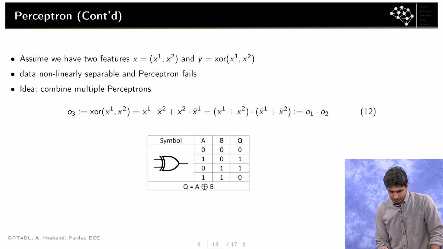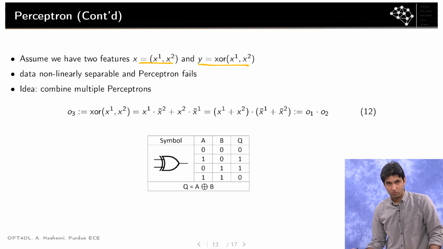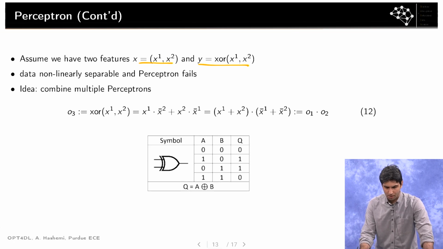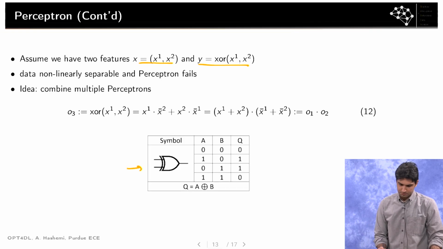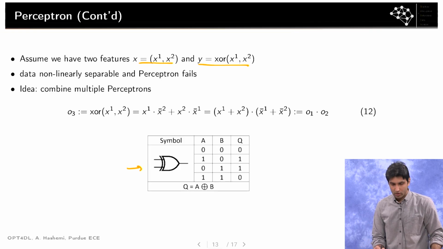We're going to consider a very simple example where we have only two features, x1 and x2, and the relationship between the label and the features is given by the exclusive or, XOR, operator. This is a logical operator that you may have some familiarity with. If not, I'm defining it here. It operates on bits, binary quantities.